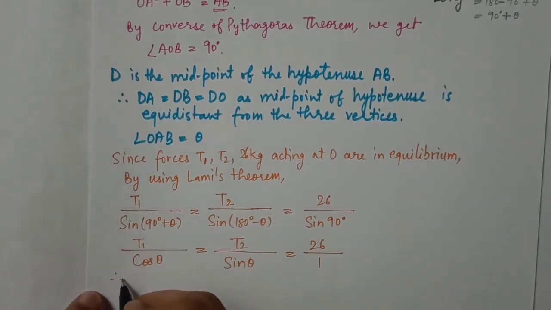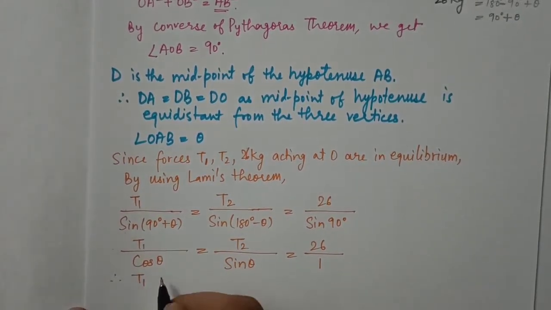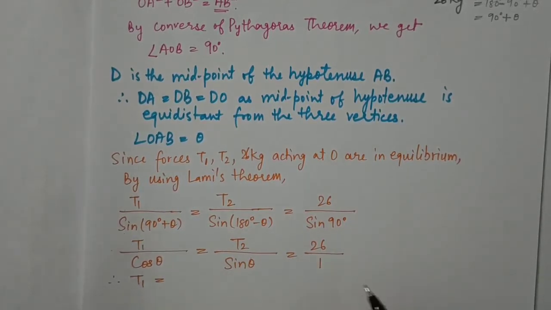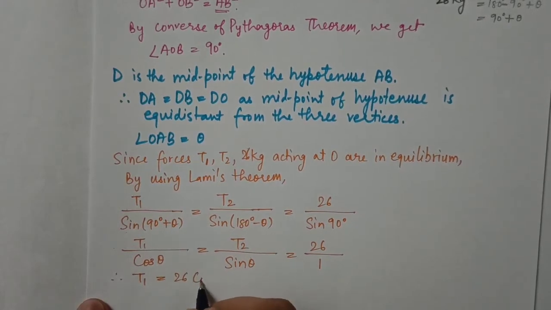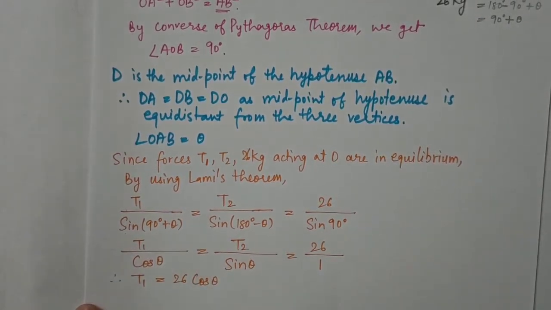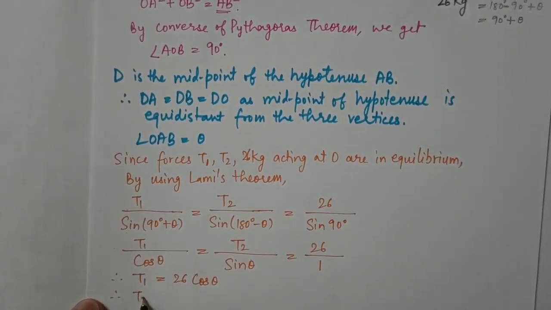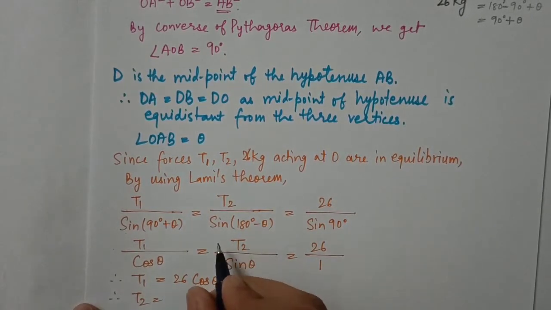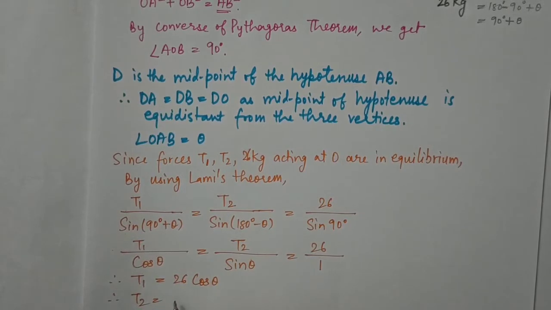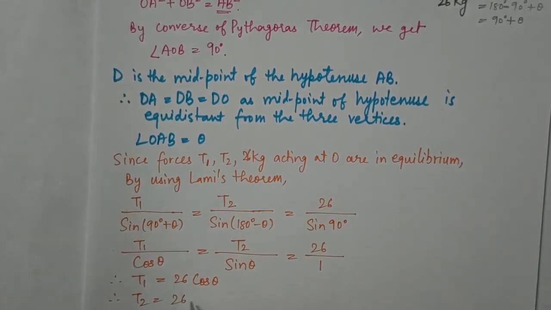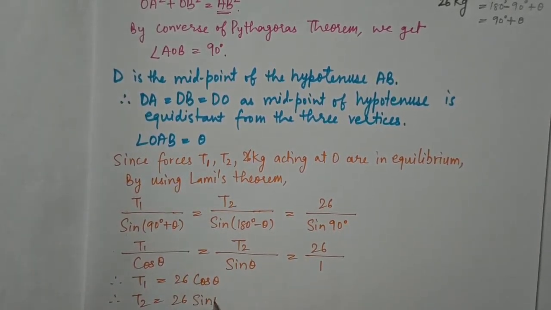So now T1 would be equal to cos theta multiplied by 26. So T1 would be equal to 26 into cos theta. And similarly, if I equate these two, T2 upon sine theta is equal to 26, then T2 would be equal to 26 into sine theta.